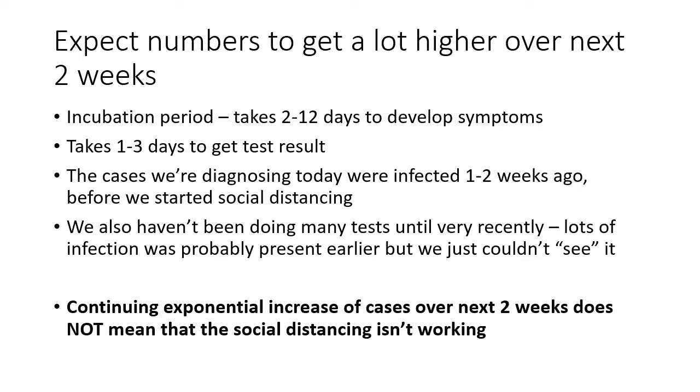Studies out of China where they did really, really effective social distancing and quarantine measures that were heavily enforced showed that their numbers started to go down significantly about 12 to 14 days after they instituted lockdown. So we know that until we've been doing this consistently everywhere in the country for 2 weeks, numbers aren't going to start going down.